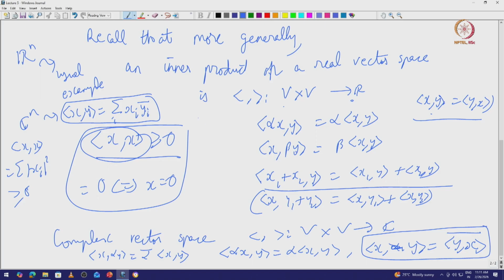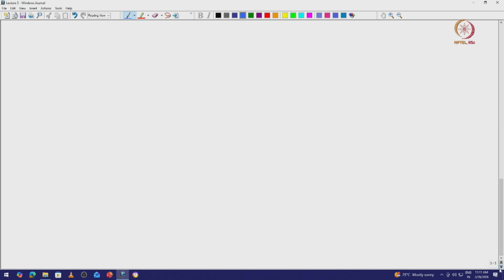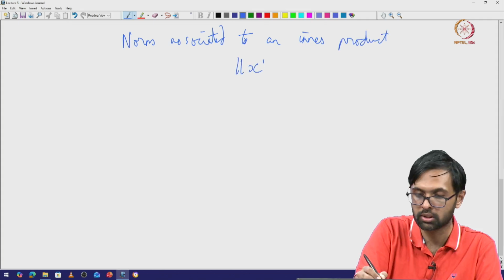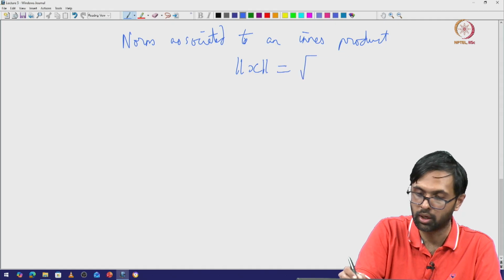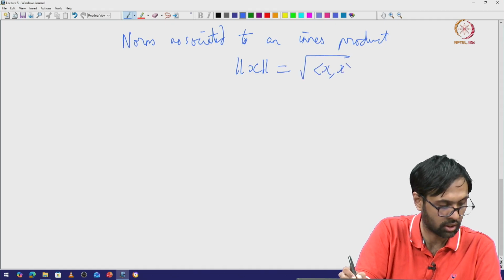So recall that this is an inner product. Now, what can we do with inner products? As I said, the norm associated to an inner product is defined as follows: norm x equals square root of x dot x.